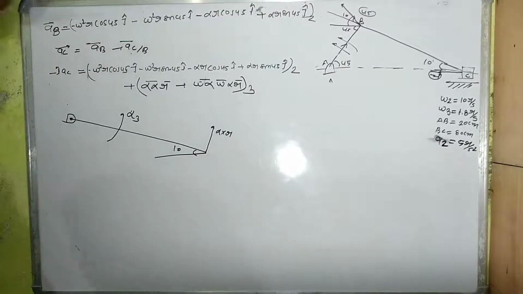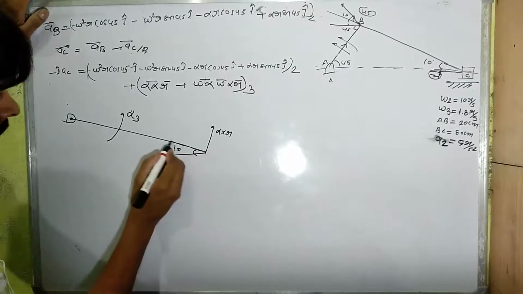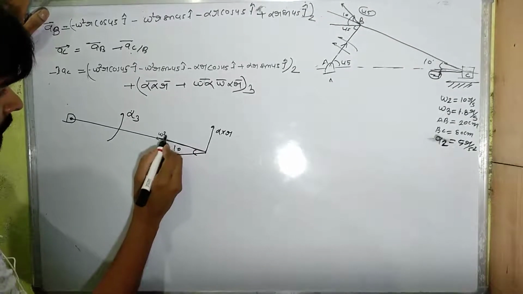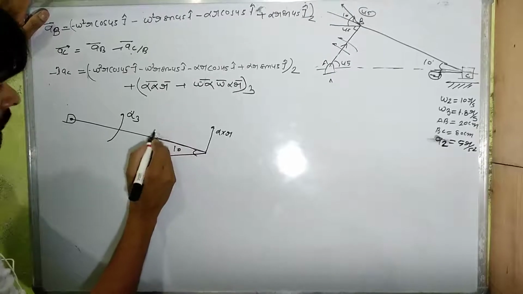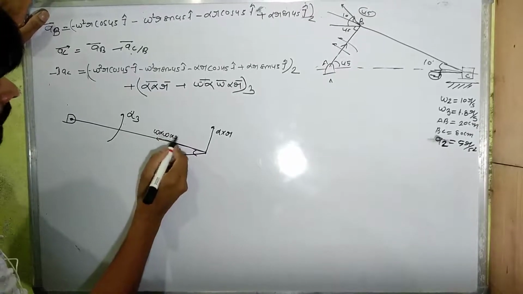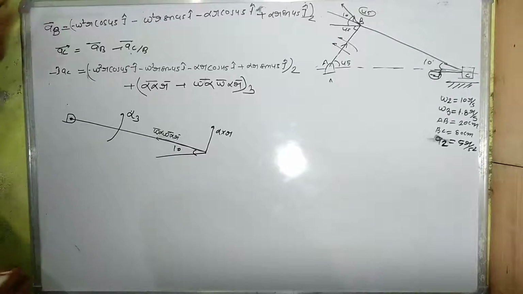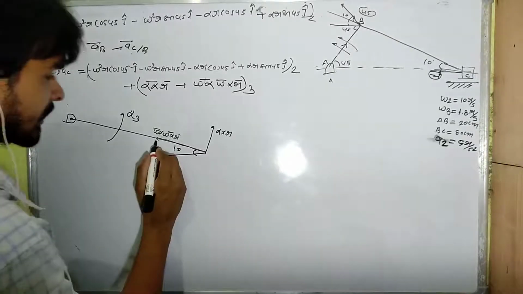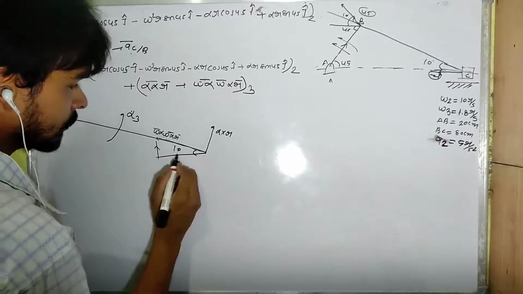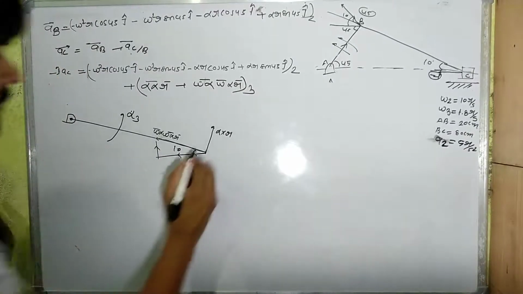Okay, and omega square R, or you can say omega cross R. Am I right? So you have to resolve all this into horizontal and vertical components.